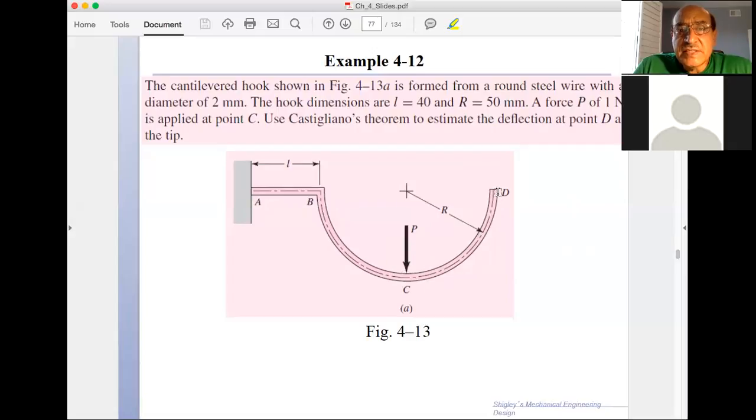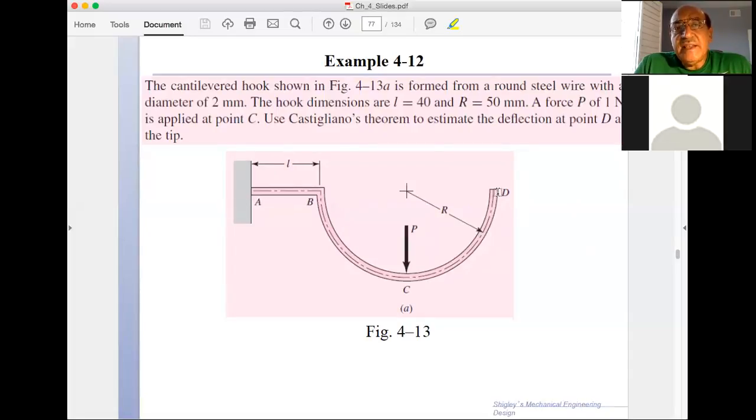So the desired deflection is at a location where we don't have a force. And from Castigliano's theorem, we need to take the derivative of the energy with respect to a force that is applied at a point where we desire to find the deflection.